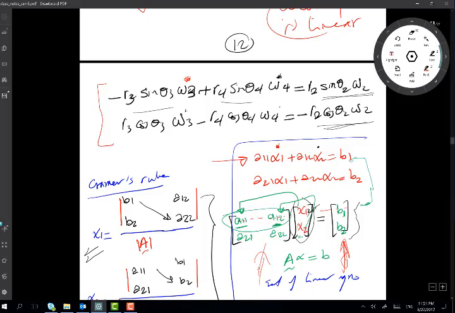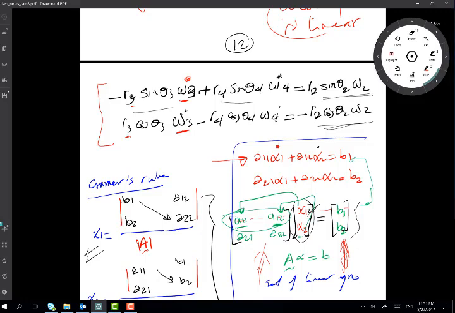So that's one possibility. If I look at my system of equations, I can start saying omega 3 and omega 4 instead of x1, x2, and that's absolutely okay. We'll need to do that. But what if, when I look at my equations, I realize that omega 3 is always multiplied by R3, so I take them together as one variable?